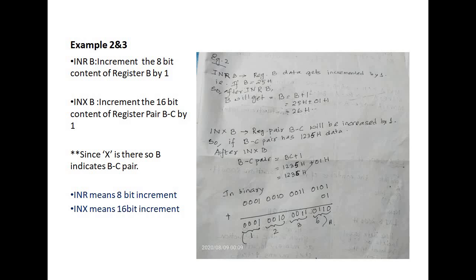Suppose B is 25H. If you write INR B, B will get the data incremented by 1. That is, 25H gets incremented by 1, so B will contain 26H after you write INR B.